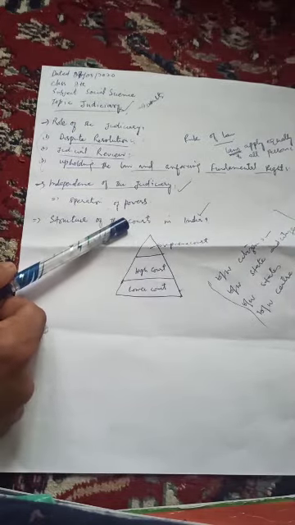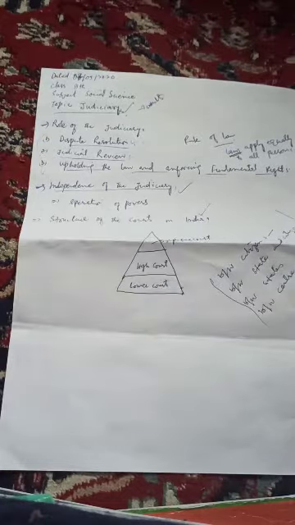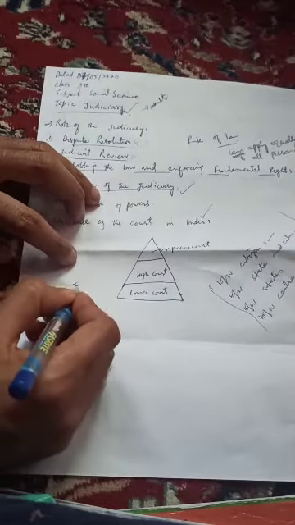So far as the independence of judiciary is concerned, the Indian Constitution provides for independence of judiciary. One aspect of this independence is that we have separation of powers. We have separation of powers.